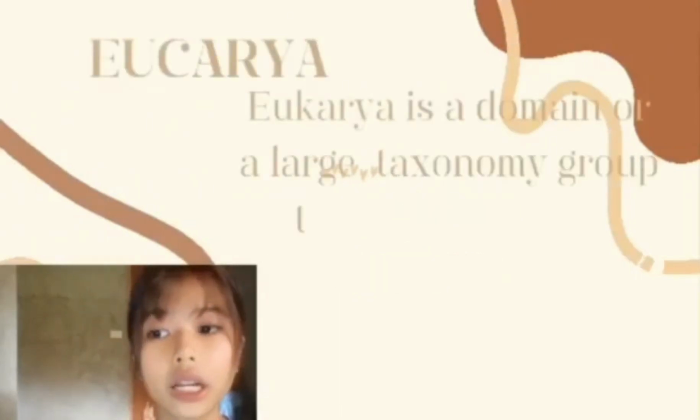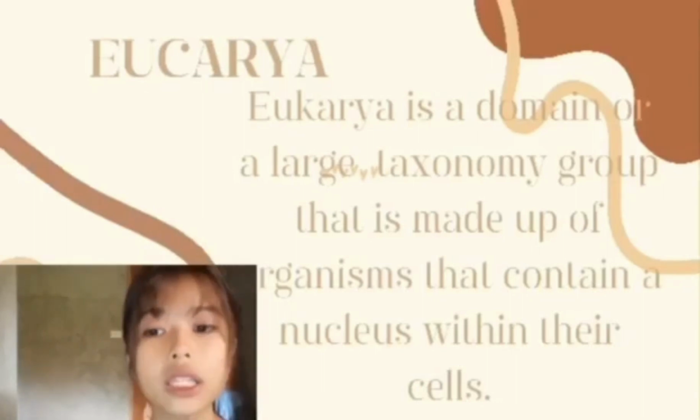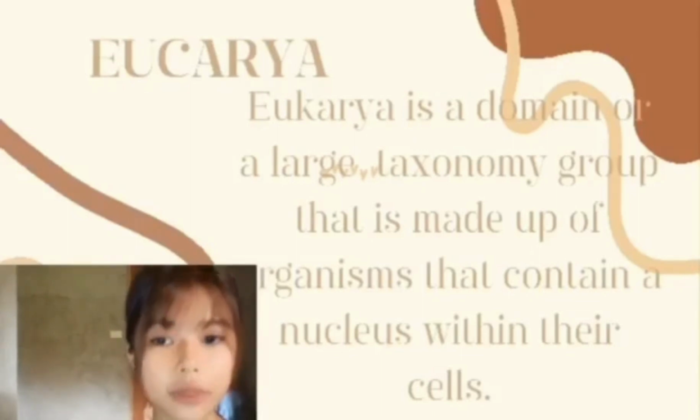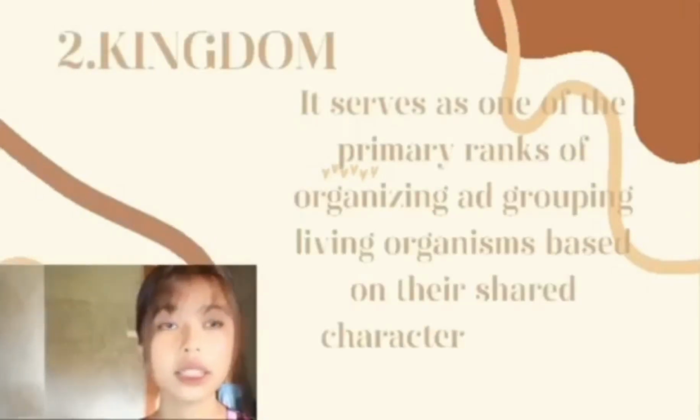And eukarya, it is a domain or a large taxonomy group that is made of organisms that contain a nucleus within their cells. It is also the only domain that contains multicellular and visible organisms like people, animals, plants, and trees. So the second is the kingdom.